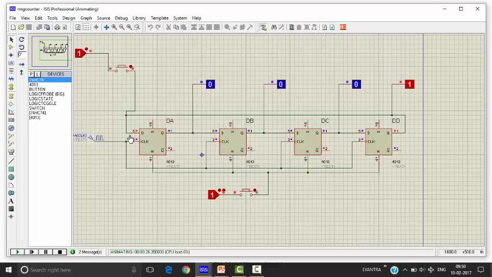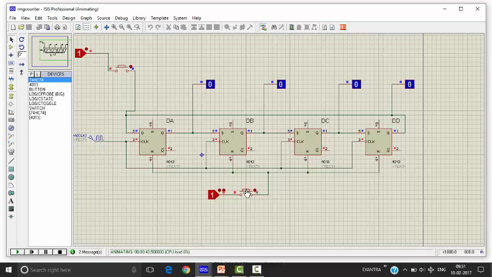Here we have connected a positive edge triggered clock, so at the rising edge of the clock, the flip-flops change their output. To reset the circuit we use the clear circuit, and here it is.